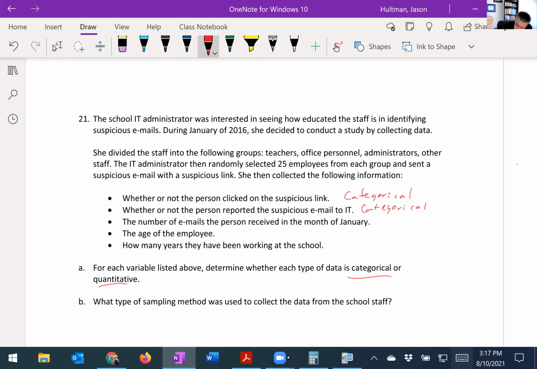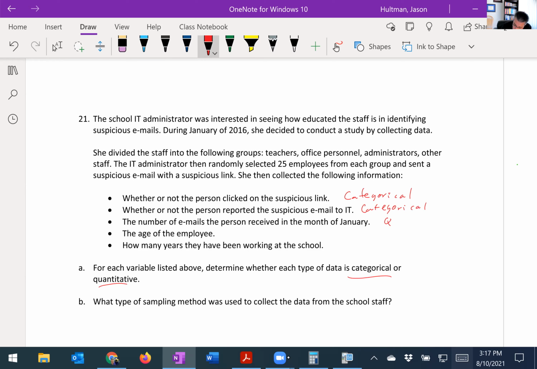Number of emails. This is the number of emails the person received each month. And I'm going to go quantitative on this, although you can make an argument for categorical because you can only have whole numbers. You can't have half an email.